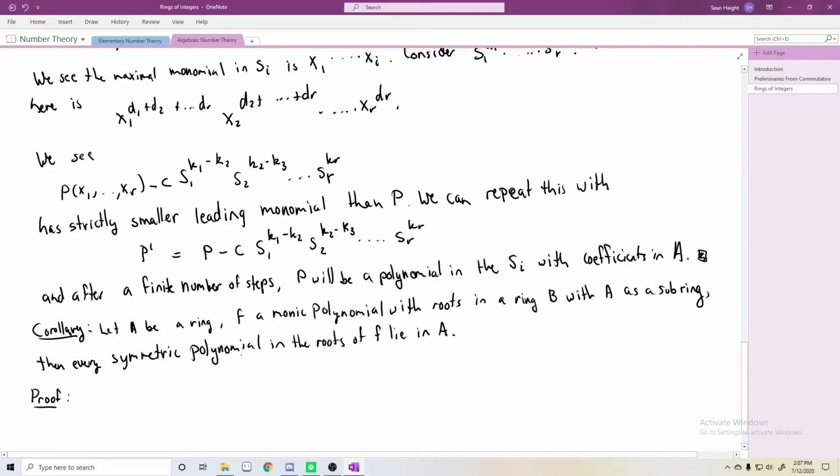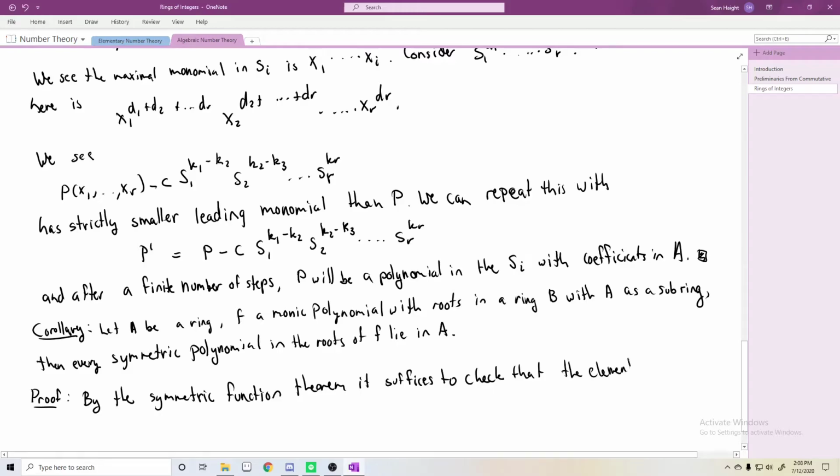So they all have to lie in A. And then every symmetric polynomial is in the algebra generated by these things, which also has to be contained in A. So by the symmetric function theorem, it suffices to check that the elementary symmetric functions in the roots of f lie in A.